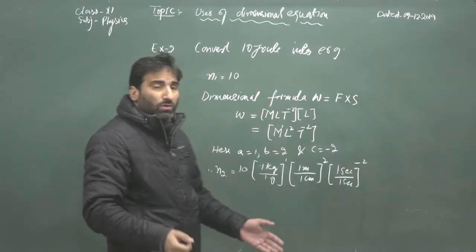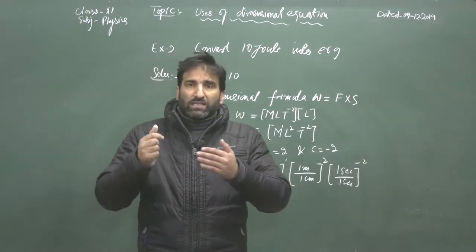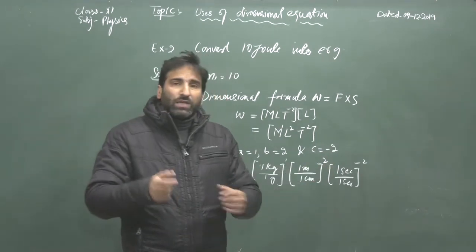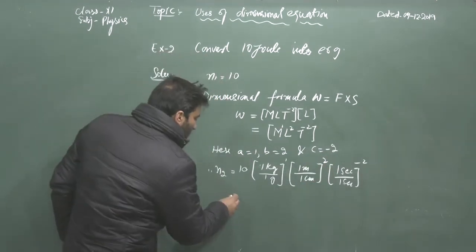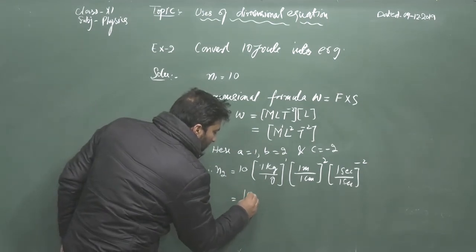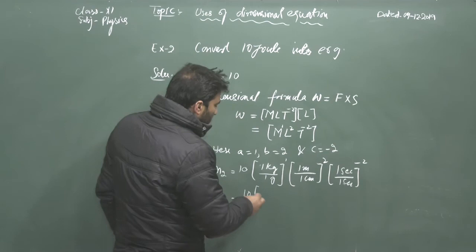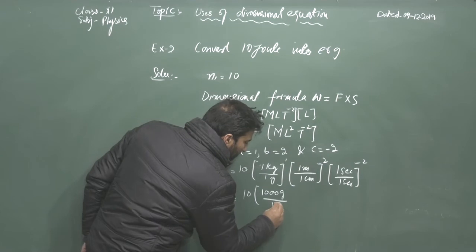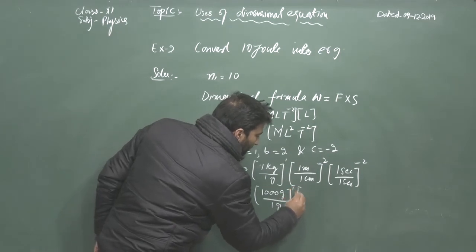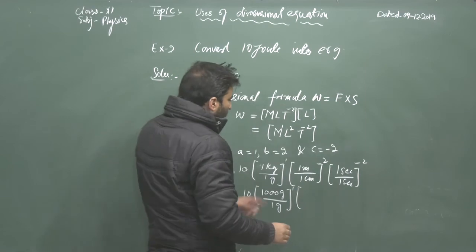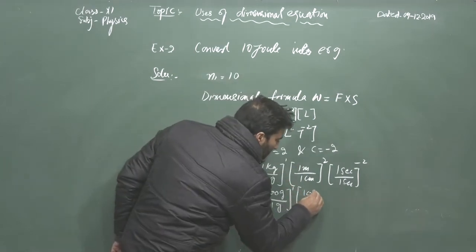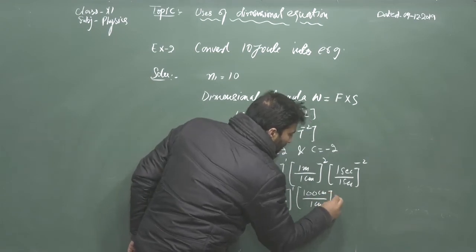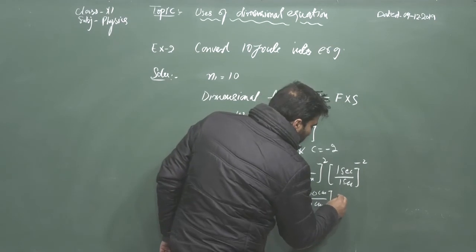So now we have to go from SI to CGS. Therefore we have to convert kg and meter into gram and centimeter. In 1 kg there are 1000 grams, so we write 1000 gram divided by 1 gram raised to the power 1, and in 1 meter there are 100 centimeters, so 100 centimeter divided by 1 centimeter. 1 second divided by 1 second is equal to 1.